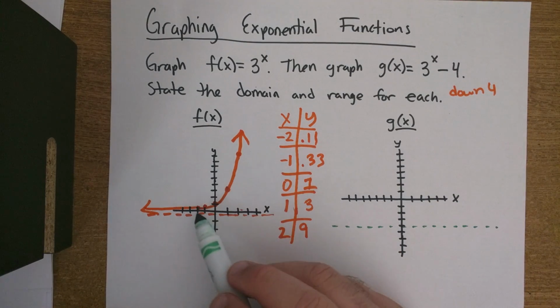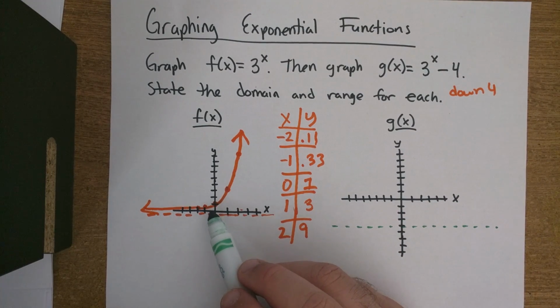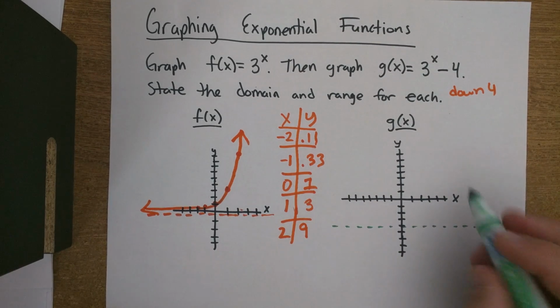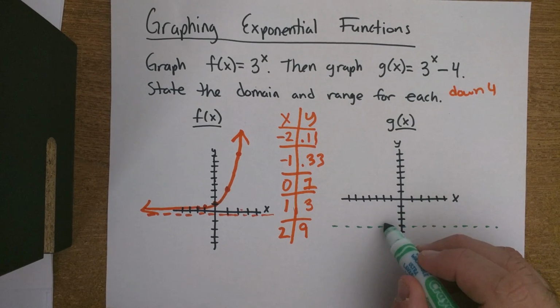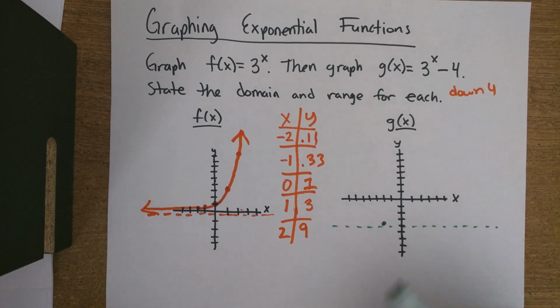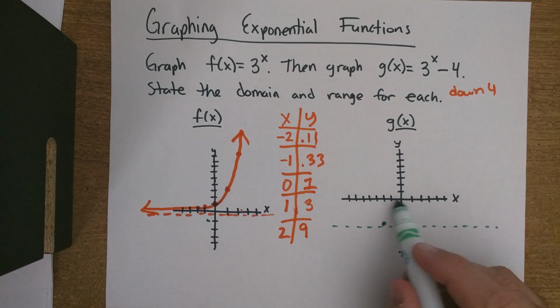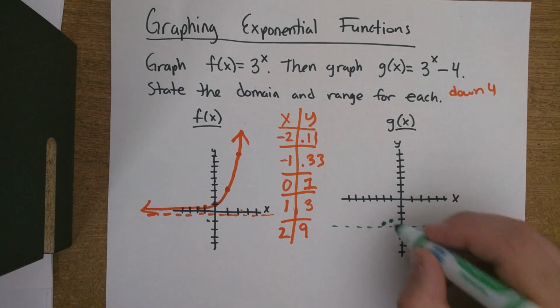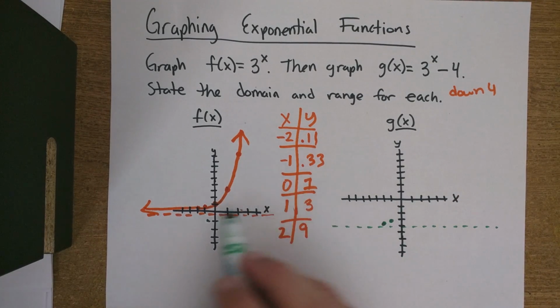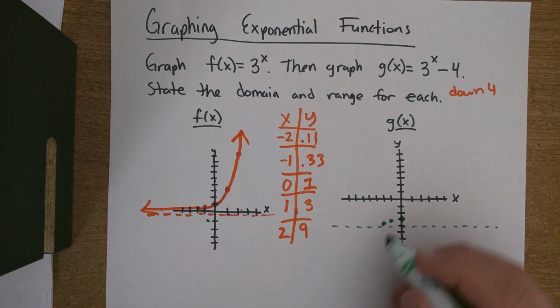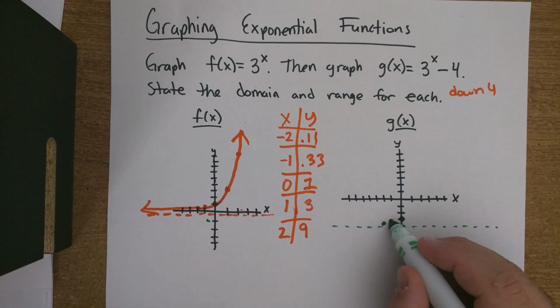Alright, so let's go ahead and shift every point that we drew down. So it's -2, it was -2.11. It's still -2, but now we're down to about right here. We had -1.33, so it's about right here. I had 0, 1. That's going to put me at 0, -3 right here. Sorry, I'm going to be a little off here.